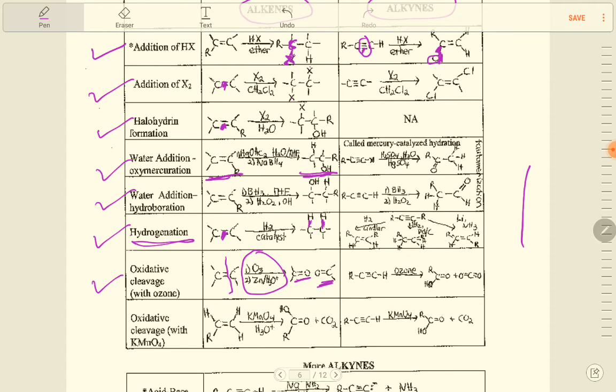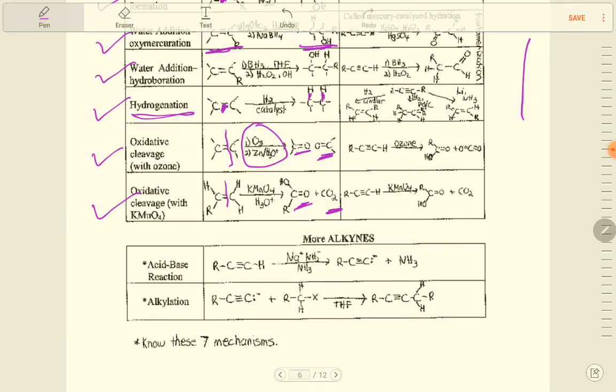Oxidative cleavage with KMnO4, KMnO4 is used to break this, and C double bond O forms and a CO2 byproduct forms. So those are basic reactions that you need to memorize.